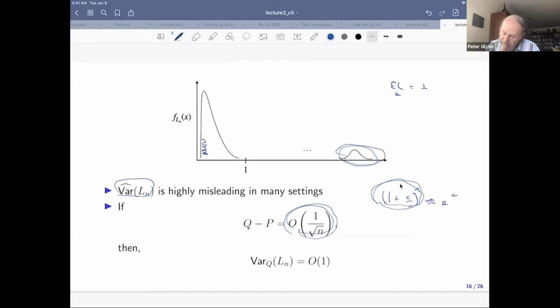And so if I am using importance sampling and I find out that the average of my likelihood ratios is close to 1, that's a good thing. That means that even if I'm in a situation, as I see here, where most of the mass of the likelihood ratio is close to 0, I've done enough sampling with my importance sampling distribution to have seen some of these observations out in the tail.